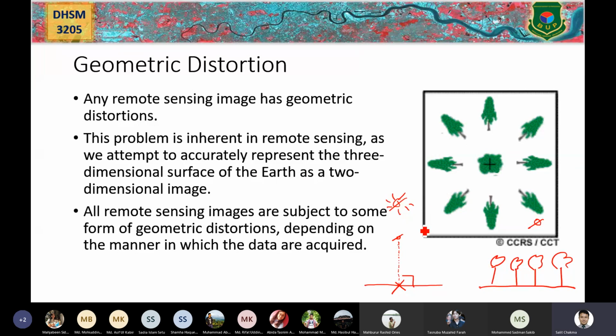Now just have a quick general idea that you have a ground. Imagine that you are flying on a hot air balloon. You look down and you will see the top of the canopy of this tree is round. You are not seeing any trunk.